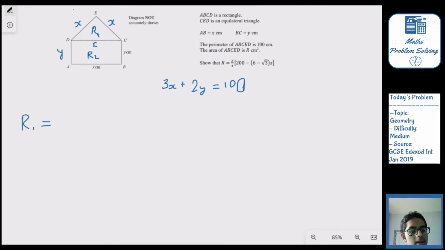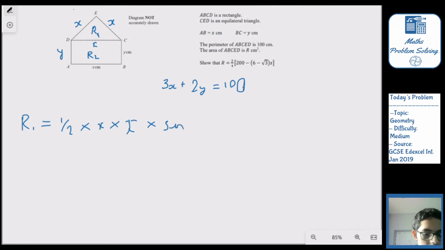So we'll need to use the area sine rule to work out the area of this triangle. So we know that a half times A, which is X, times B, which is also X, times sine of C, which is sine of 60 degrees, because this is equilateral. That is the area.